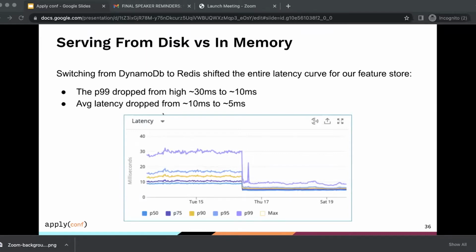The next biggest improvement was serving the features from disk versus in memory. So we're lucky, the feature store we use happens to support this. And by switching from DynamoDB to Redis, we shifted the entire latency distribution for our calls to the feature store. In this case, our P99 dropped from about 30 milliseconds down to 10, and the average latency dropped from 10 to 5.